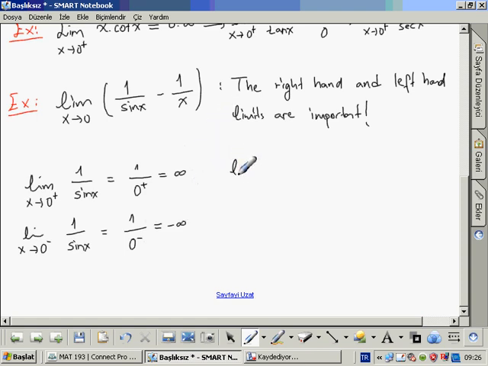And the same idea when limit x equals to 0 from the right hand side, and 1 over x, what will it be? It will be plus infinity, of course, and the limit x equals to 0 from the left hand side, 1 over x will be minus infinity. So what can we say about it?